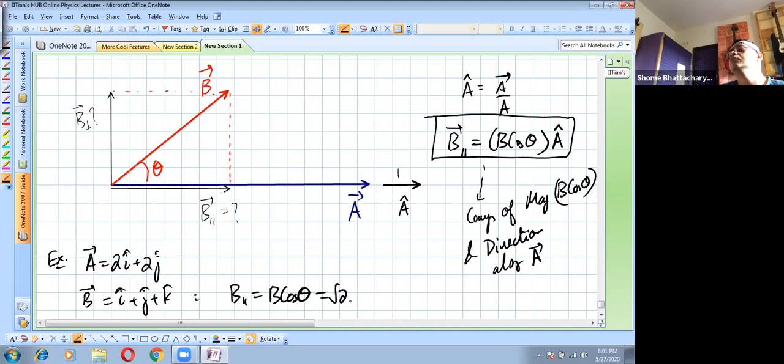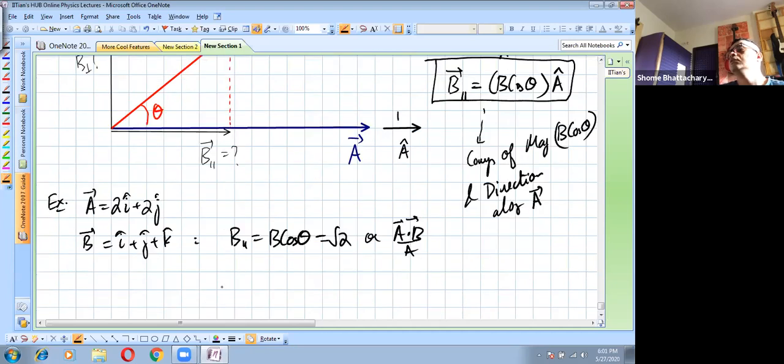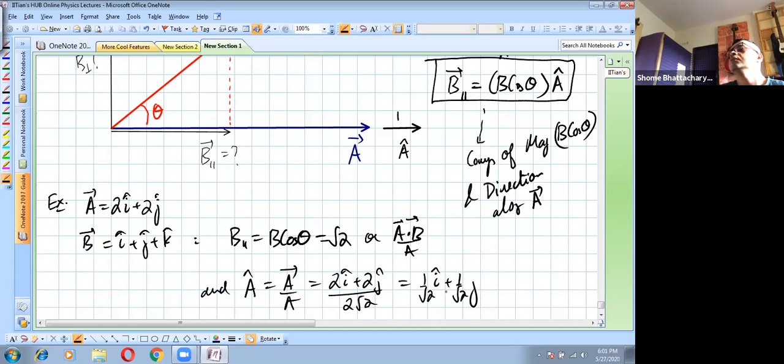And this had come by taking A dot B divided by mod A. But now, the unit vector of A is nothing but vector A divided by its magnitude. So in this case it is 2i cap plus 2j cap divided by 2√2. That will become 1 by root 2 i cap plus 1 by root 2 j cap. So this is my unit vector A cap, and that is my parallel component's magnitude.